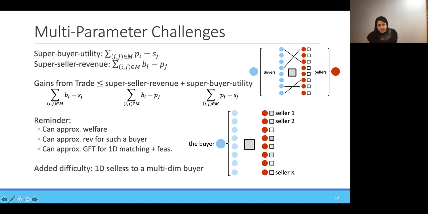The added difficulty comes when we have these one-dimensional sellers and a multi-dimensional buyer. The problem is the incentives on both sides when you have all these different sellers and one big buyer. Okay, so that's just supposed to be some intuition for where the challenge is going to come from.